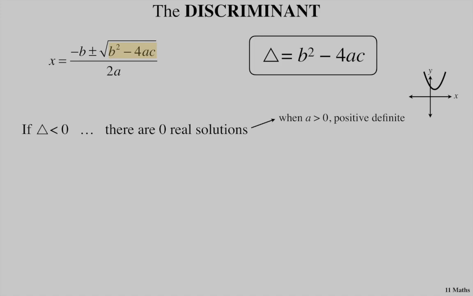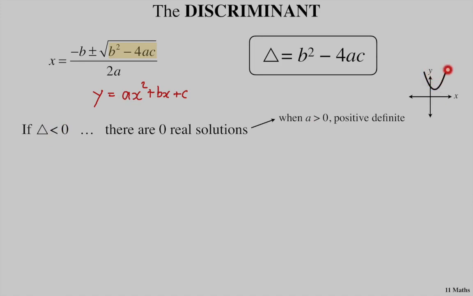Also, when we're looking at the quadratic, and remember the quadratic is just going to be written like this, something like y equals ax squared plus bx plus c. If the number in front of x squared is positive, we know that the parabola opens upwards. If the discriminant is less than 0, we know it doesn't touch the x-axis.